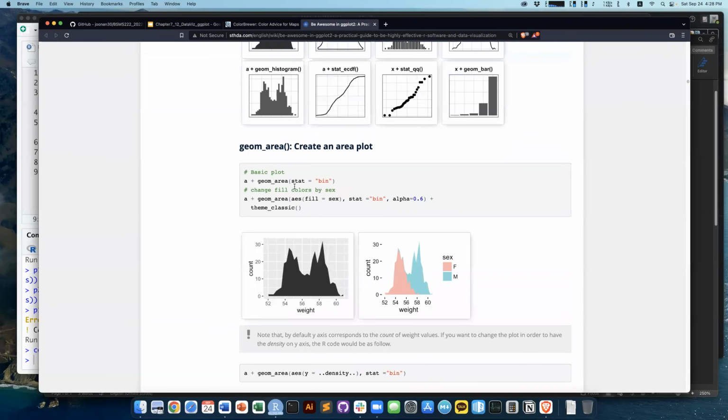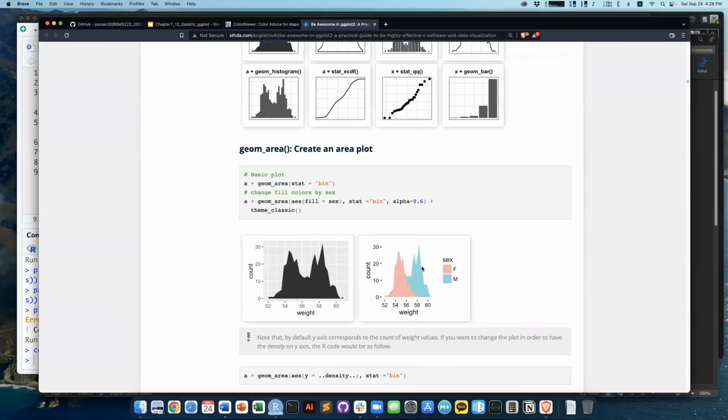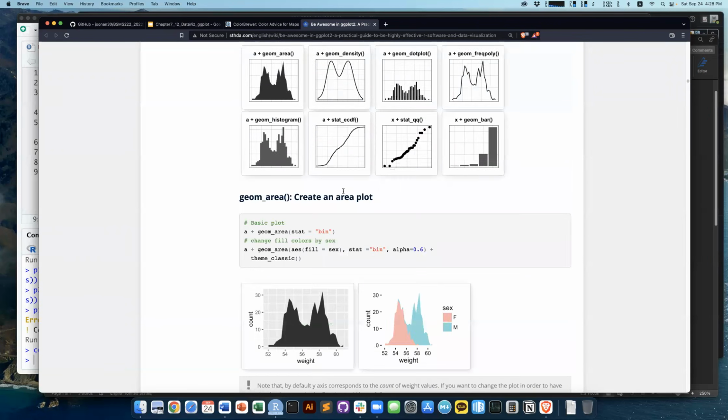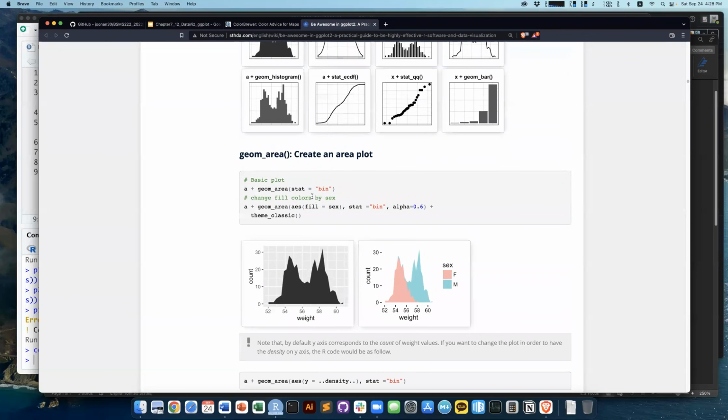So let's say this is from the height data set, I guess, the same weight. Then you can plot the density by different sex. In that case, you can set up the fill, then you put sex, which is the column. Then you can divide that information too. So you have two ways of using color. One is color and the other one is fill.